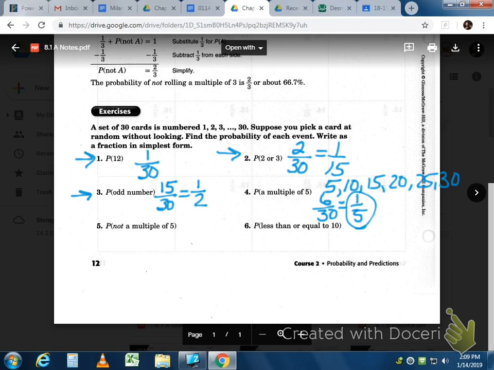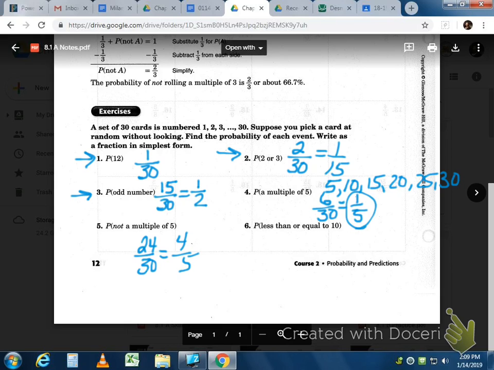Now, what about not a multiple of 5? If 1/5 is the probability of getting a multiple of 5, what's the probability of not a multiple of 5? Remember, it's the opposite. 1, 2, 3, 4, 6, 7, 8, 9, everything but that. So we can do it that way. So 24 out of 30, which would be how much? You can reduce that. 4/5.